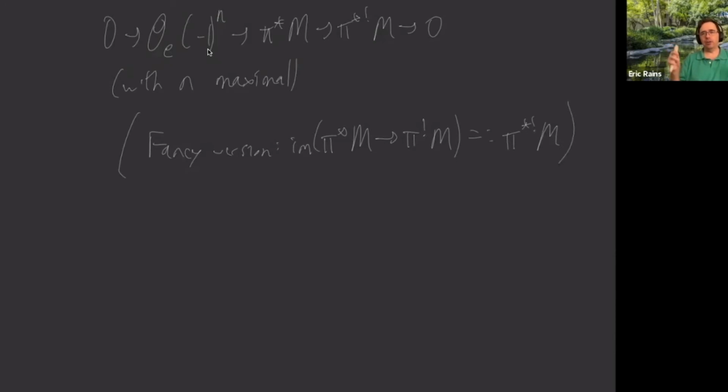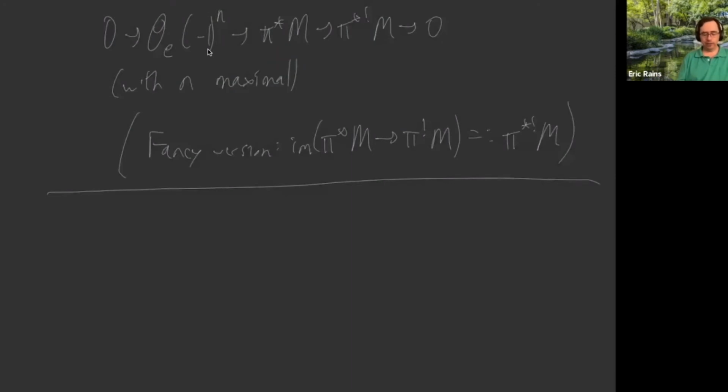But this requires understanding why pi upper shriek happens to be an actual functor, etc. So there are details in the Poisson moduli space paper. Okay, so this gives us a way of lifting M.